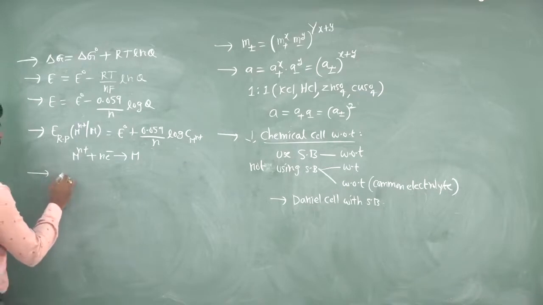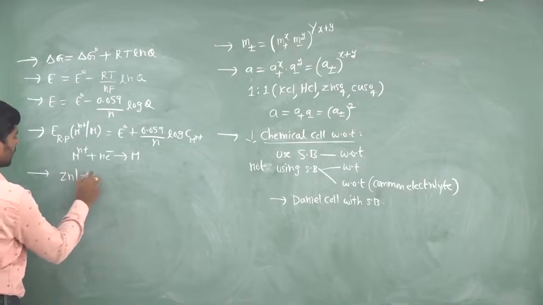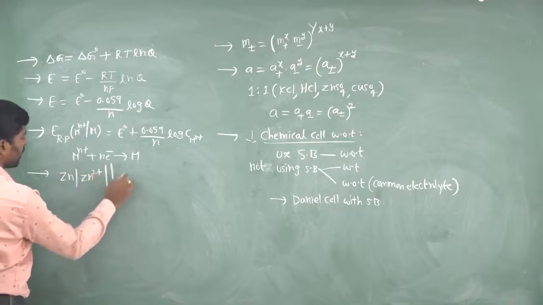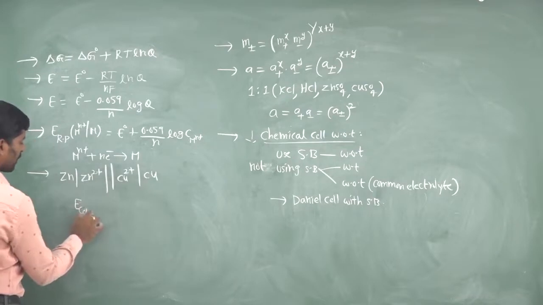If you have an electrode cell like this, Zn, Zn2+, Cu2+, Cu, how to get the cell potential?